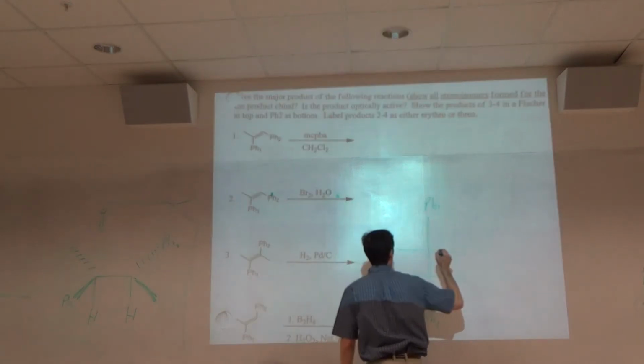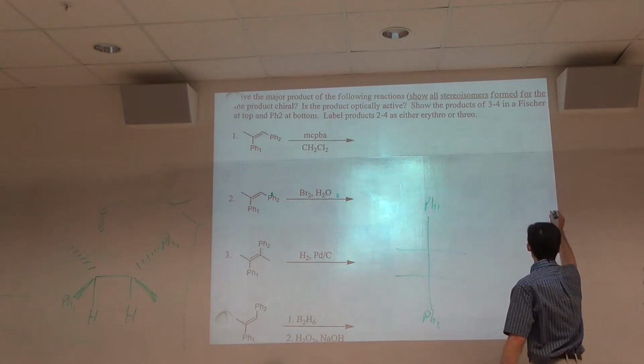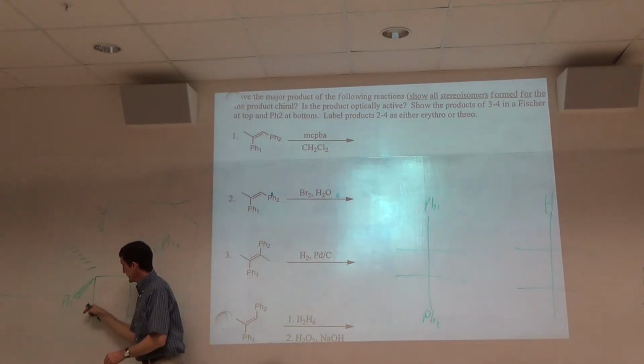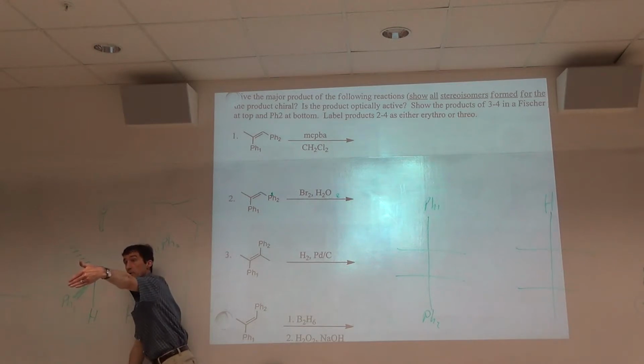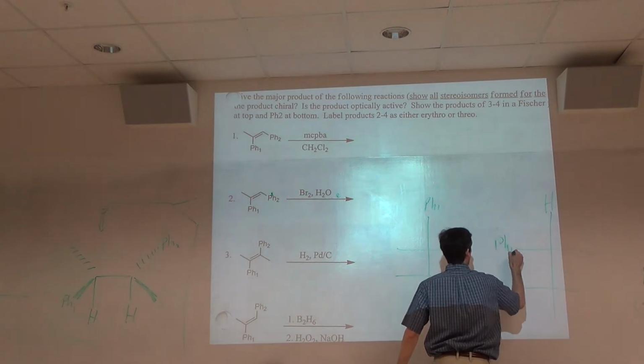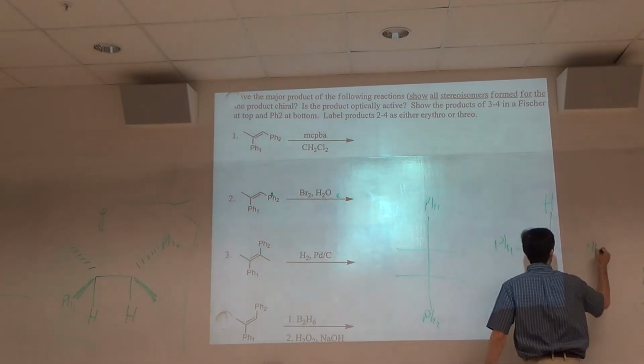Okay, hold on. I can get there by rotating. With the H going away, which side is phenyl 1 on? It's coming towards you because it's bold, so it's on my left. With H going away, phenyl 1's on the left. Thus, the methyl is on the right.